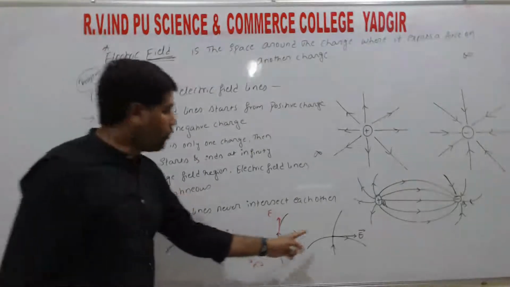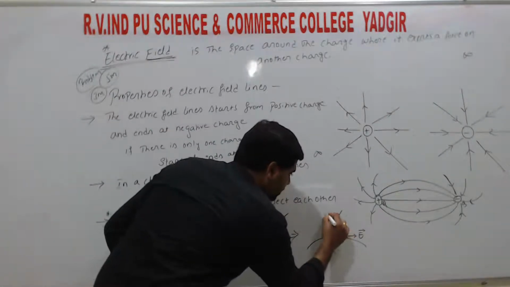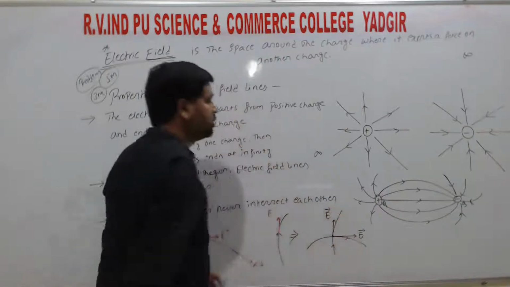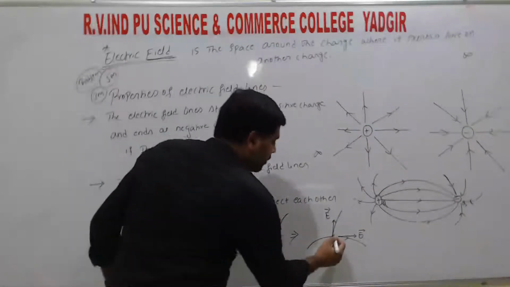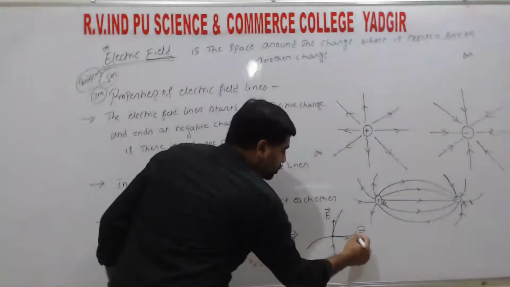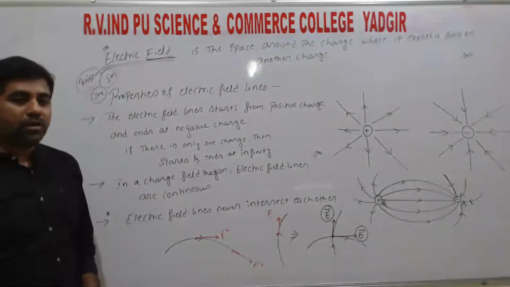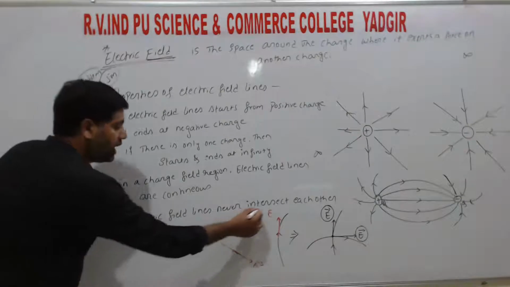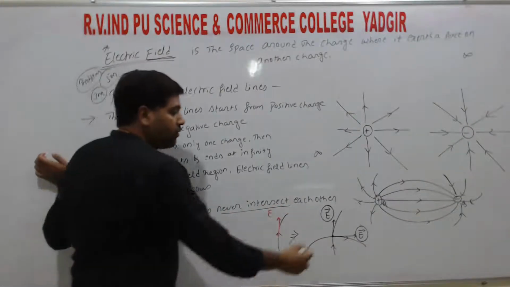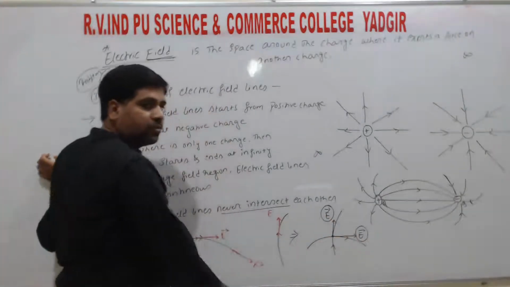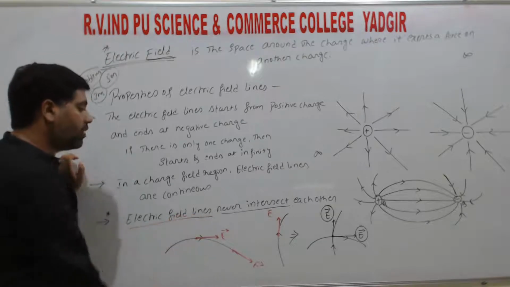For the second curve, at the same point of intersection, if I draw the tangent, it gives another electric field direction. That means at the point of intersection, we are getting two directions of the electric field. This case is not possible, hence the electric field lines never intersect.